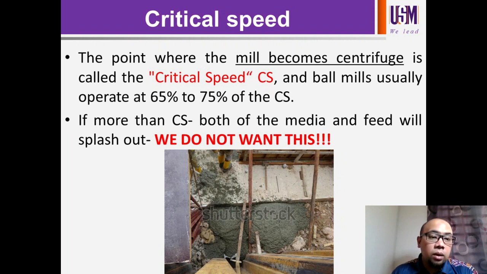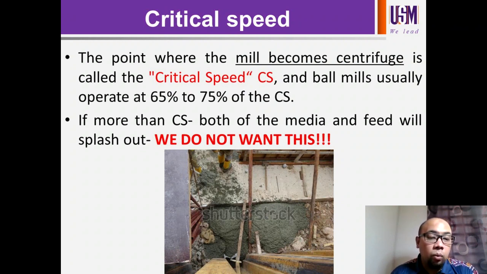So when you operate the milling machine, the appropriate speed to use is about 65 to 75% of that.